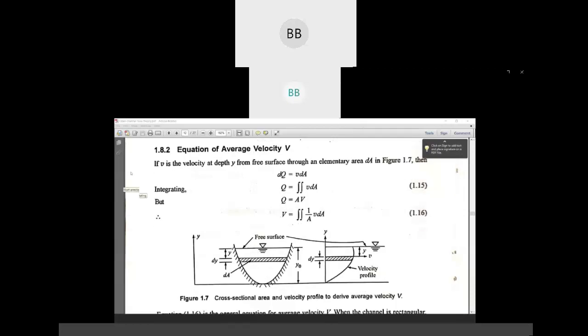Here you can see again, this is the cross section of a river, or you can say an irregular section. Then we have considered a small elementary area. The area of that small elementary area is dA. The depth is dy, and this small elementary area is at a depth of y from the surface.